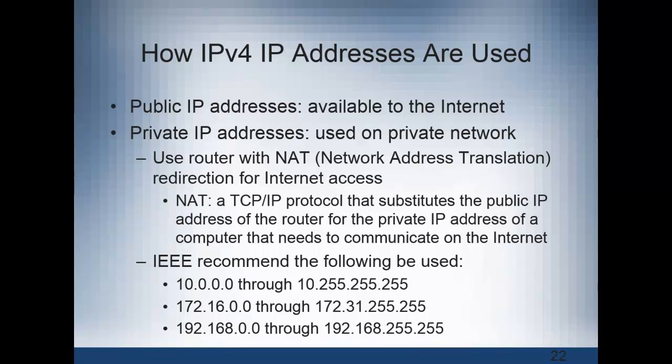Network address translation is a protocol that substitutes the public IP address of the router for the private IP address of the computer or network device when the computers need to communicate on the internet. So our private IP addresses are kept inside, but we use NAT if we want to talk out to the internet using one of our public IP addresses. That's how it allows the communication.